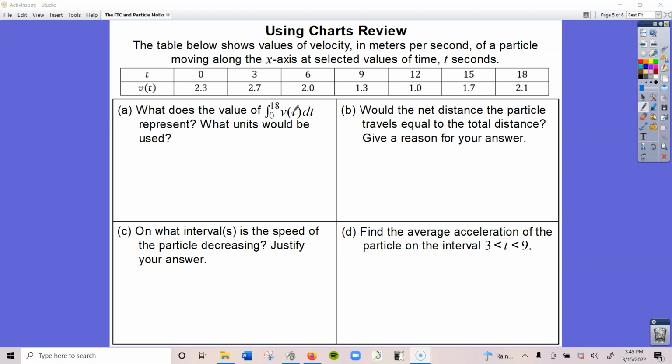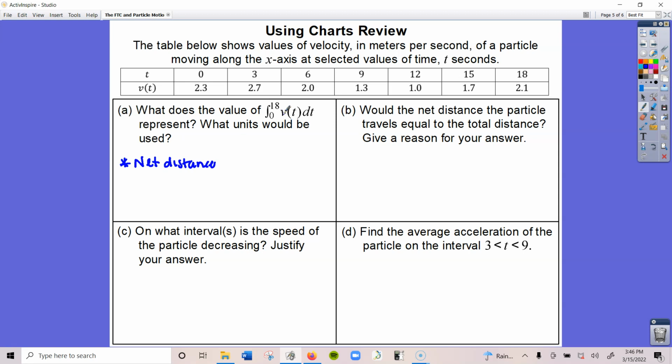Since we are integrating velocity, our answer would be position if it was an indefinite integral, meaning it would not have these numbers here. But because we're given an interval, when we apply the FTC, it would be p of 18 minus p of 0, which means that this is net distance.